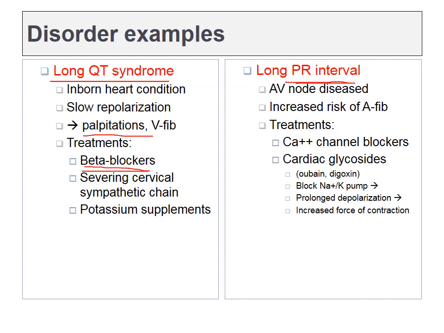Whereas patients with a long PR interval, this is a problem of the AV node, and we have a risk for a different type of fibrillation, and we would treat these patients with different types of drugs. Once again, the purpose of this class is not pharmacology or pathology. I am simply bringing this up to illustrate that the previous slides really do have clinical significance, and therefore you really do need to learn all of the different waveforms of the EKG and what they represent.